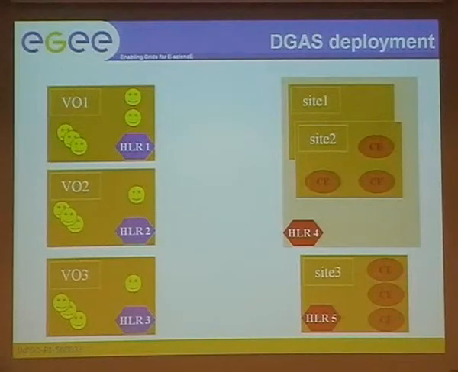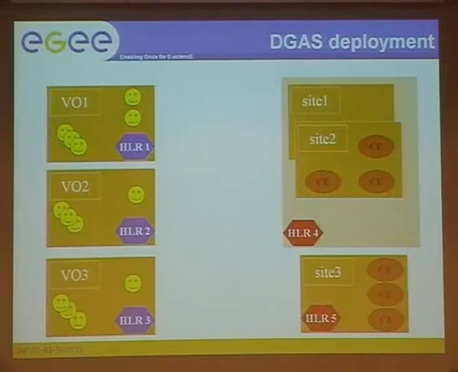Then we have 3 sites that have their own computing element, their own grid resources. 2 of these sites, Site 1 and Site 2, share a common home location register where the computing elements are registered, and then a third site, Site 3, has its own home location register.